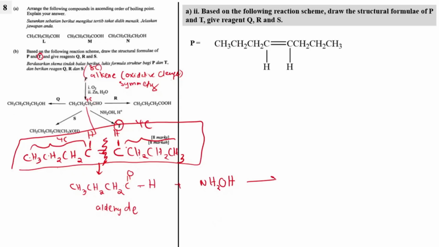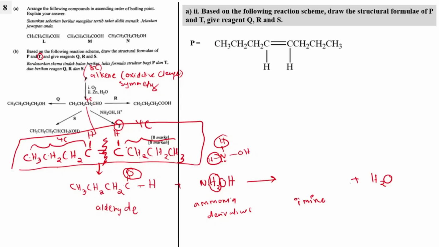So the reaction between an aldehyde and an ammonia derivative will produce an imine, in which they eliminate water. So if I were to expand this structure, H, H, OH with a double bond here, the O and H here are going to be removed.